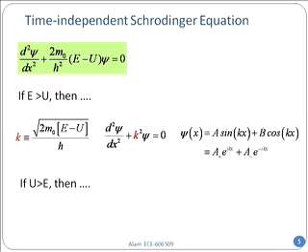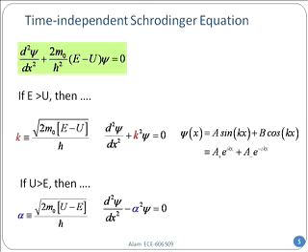Now, on the other hand, if the potential U is larger than the energy, and I'll show you an example of how to use it, in that case, you immediately realize, looking at the top equation in the green box, that the second term will become negative. We'll call that negative thing alpha, just a name.